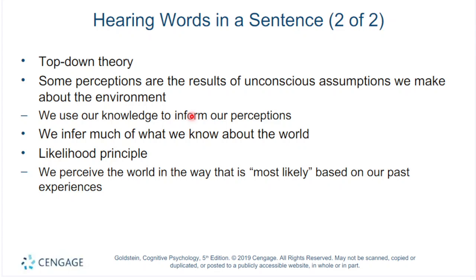So, we use this knowledge in order to inform us of our perceptions. So, we make these assumptions in order for us to understand what we're sensing most of the time. And then we infer much of what we know about the world.